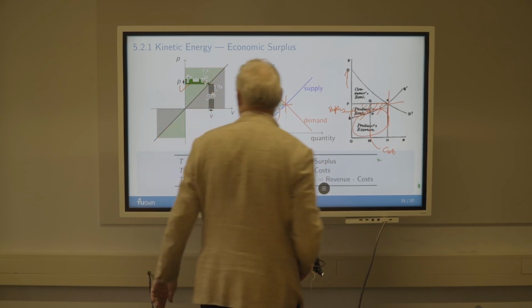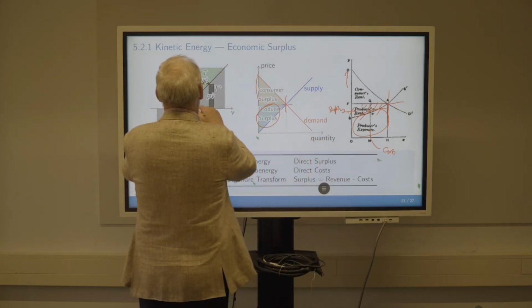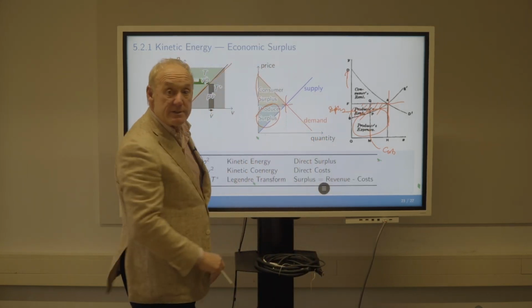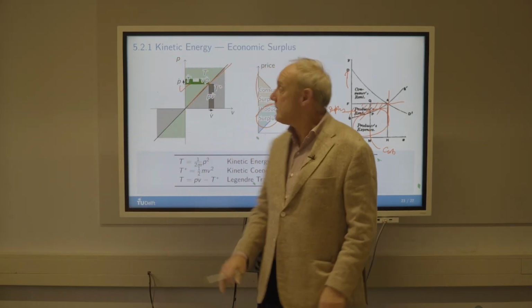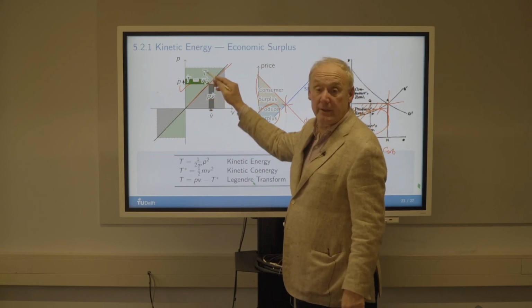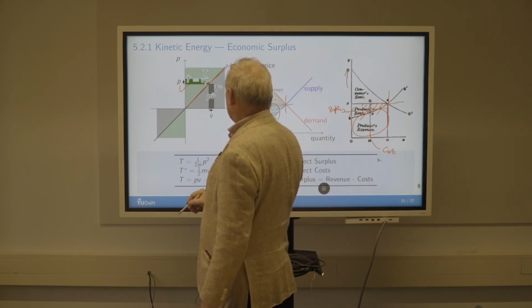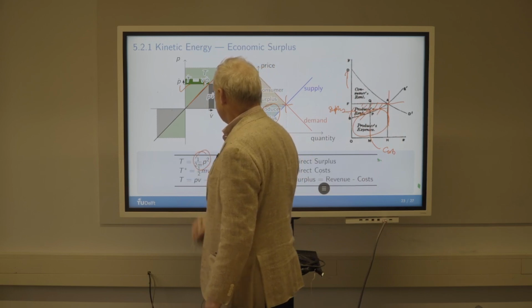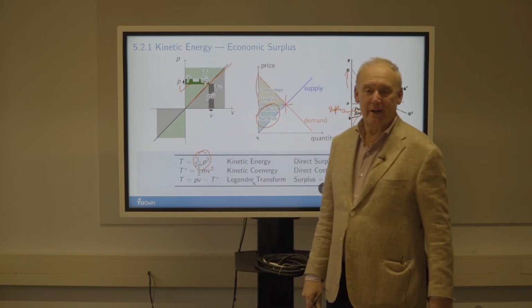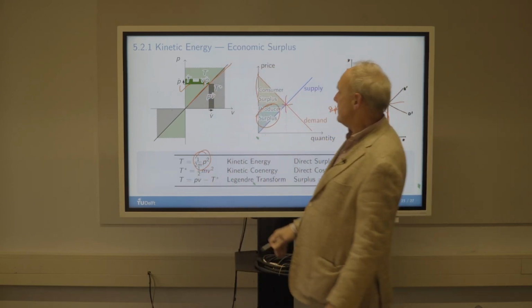Now let's look at our own demand line. So here it is, and let's look at this area here. How much is it? Well, that's pretty easy. That's a half. How do you see that?